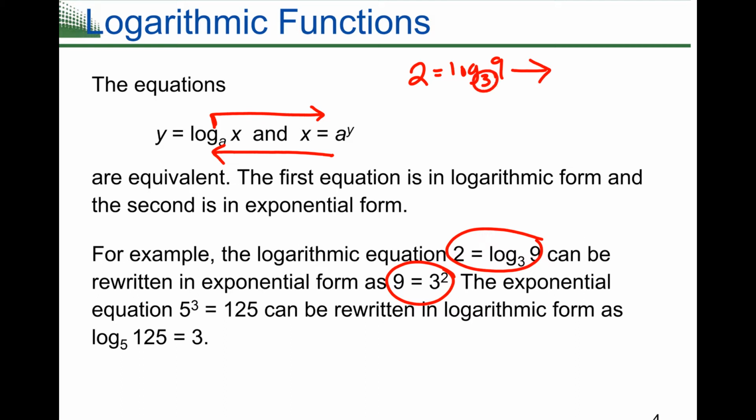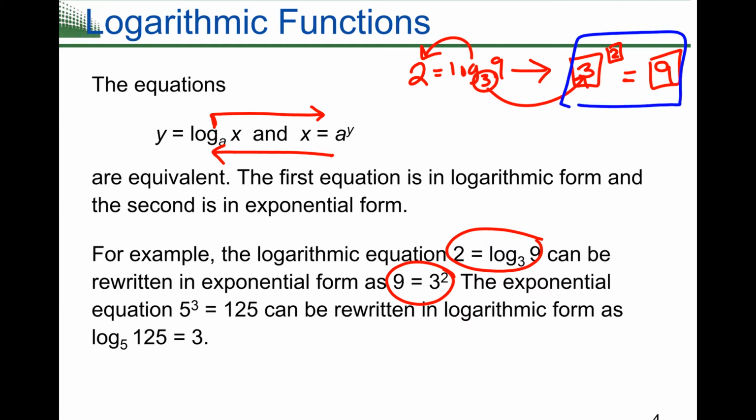The base of your log is the base here. A log is equal to an exponent, meaning this is your exponent, so 2 would come here. The only number I haven't used is the 9, so then 9 would come out here. And you can see that this is a true statement. 3 squared is equal to 9.